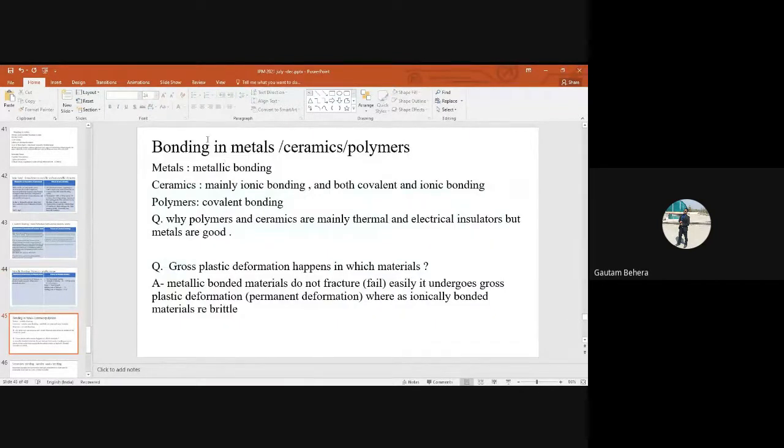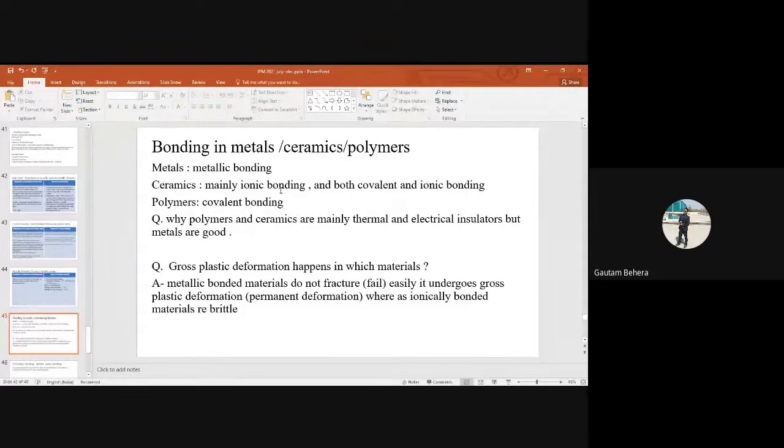Now, finally, we'll move to the conclusion: bonding in metals, ceramics, and polymers. Metals, ceramics, and polymers are three important classes of engineering materials, right? So metals basically have metallic bonding, which is due to the strong electrostatic force of attraction between the positive ionic core and the sea of electrons. In ceramics, we have basically ionic bonding, but it is not always true.